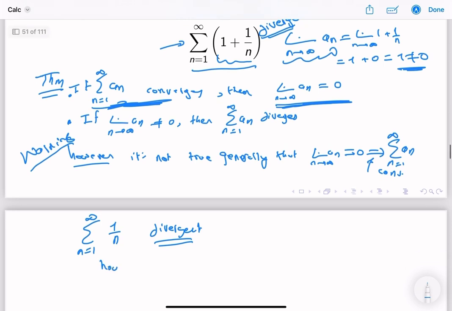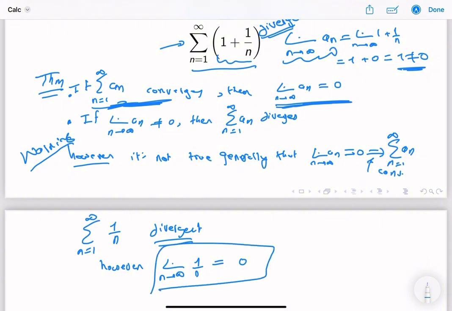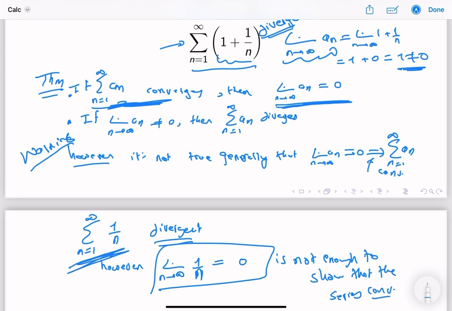However, if you look at the limit of 1 over n as n tends to infinity, you see that this limit is 0. But this is not enough to show that the series is convergent, because as I just told you, this series is actually divergent.